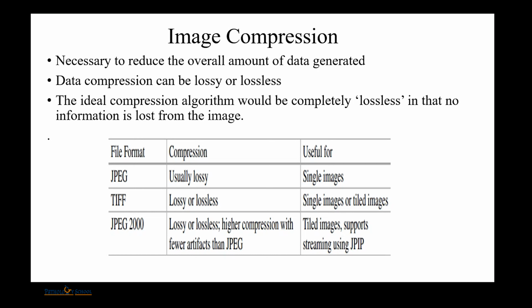In lossless, when you compress the image, there's no loss of the original data, and you can always go back to the original image. Whereas in lossy, it is exactly the opposite: you cannot go back to the original image and there's a loss in data, that is, a loss in resolution or quality.